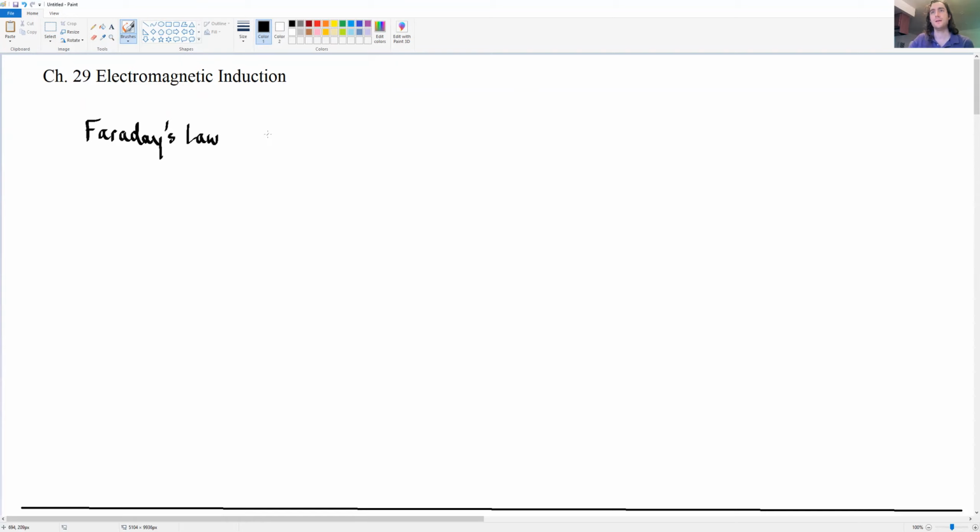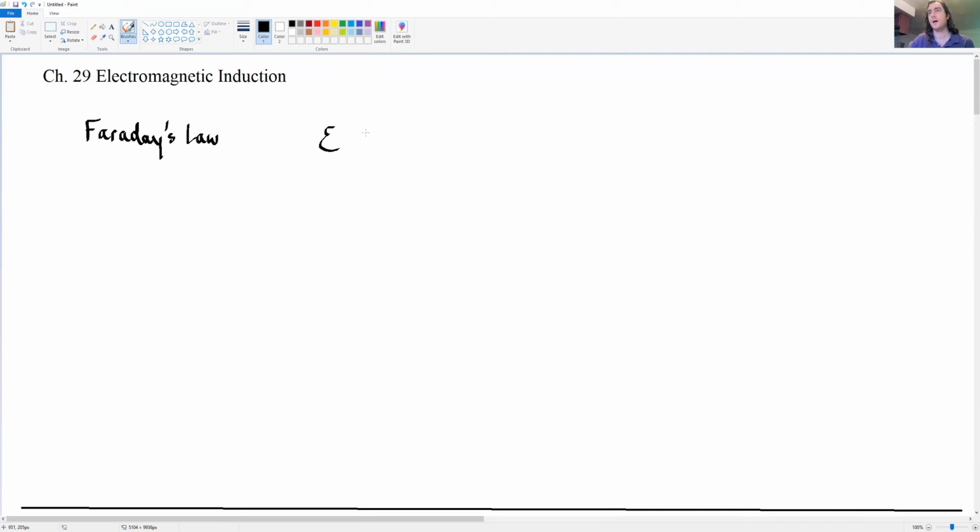Faraday's law is determined experimentally, so it's something where you're playing around with current in wires and magnetic fields, and you're noticing that if you change the magnetic fields or you change the currents, then you're generating other currents and other magnetic fields, called induced magnetic fields, induced currents, or induced voltages.